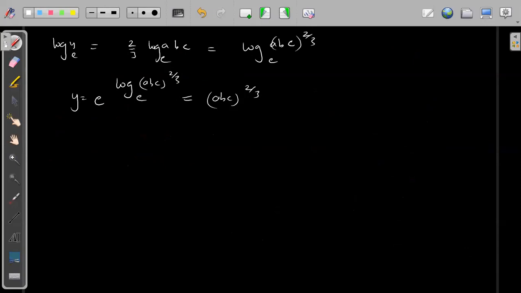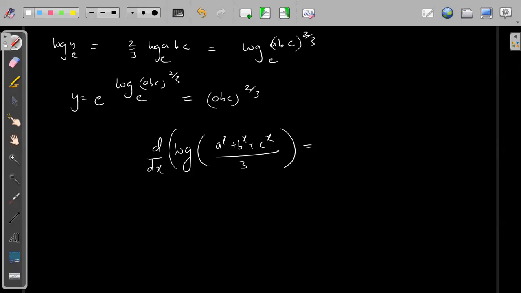Right? Differentiation I will tell once again. So log of (a^x + b^x + c^x) divided by 3. Differentiation of this, d by dx of this, will be 1 upon whatever is inside. So a^x + b^x + c^x by 3, right? Then individually I will differentiate this whole function.